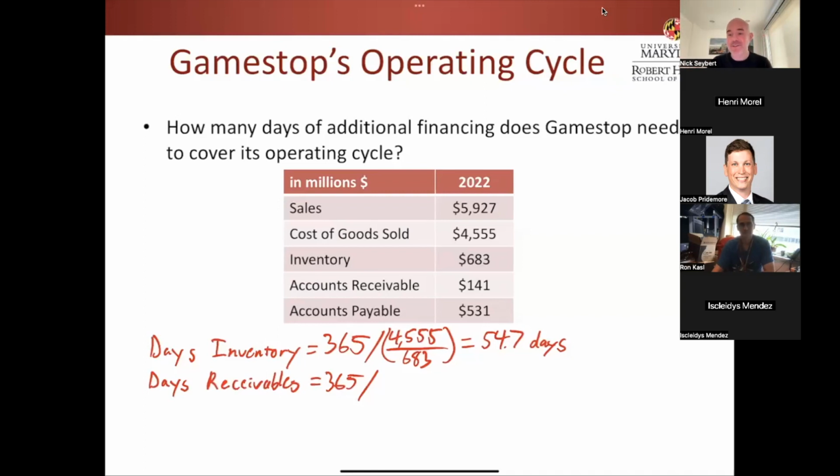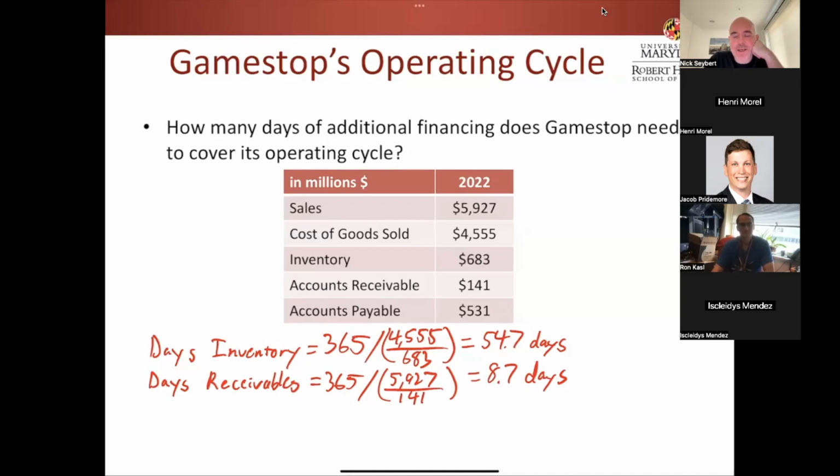That's why sales is in the numerator here. So that's going to be 5927 divided by the accounts receivable of 141. If you do that, you should get 8.7 days. So on average, GameStop customers pay in just a little over a week.